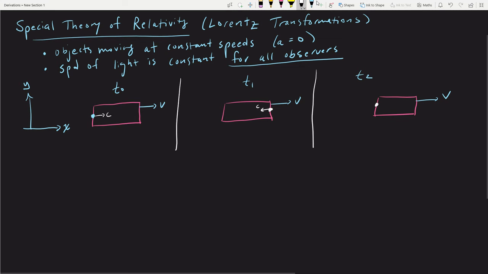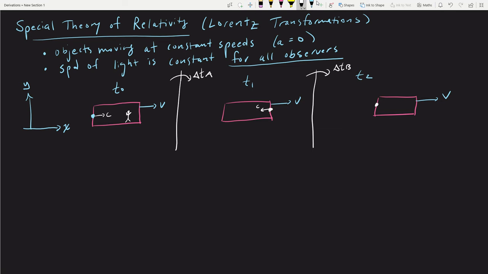So what I want to define here is a delta TA that takes us from T0 to T1, and then a delta TB that takes us from T1 to T2. So you would think that these quantities will be equal, right? Because obviously for someone inside here, if you're an observer inside this thing, you're going to see this photon flash back and forth in the exact same time interval.